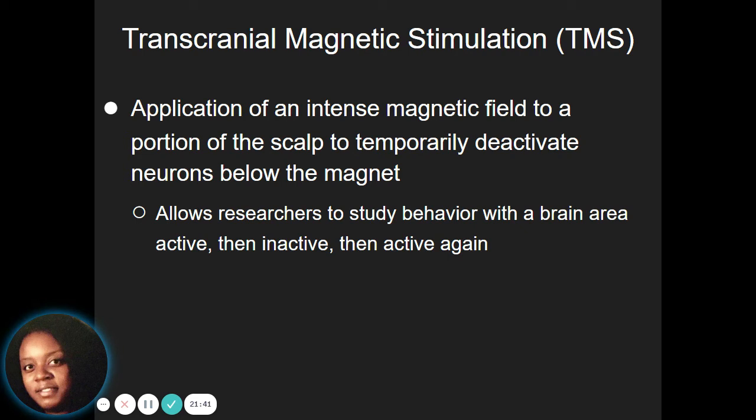And the reason a lot of these techniques are used to study brain damage is because we don't know a lot about the brain until someone's died and they donate their brain for research. So it's important to be able to complete things like transcranial magnetic stimulation so that you can take a look at the different areas.